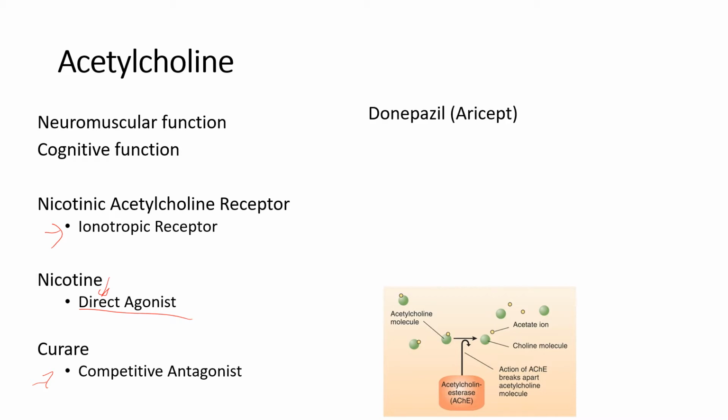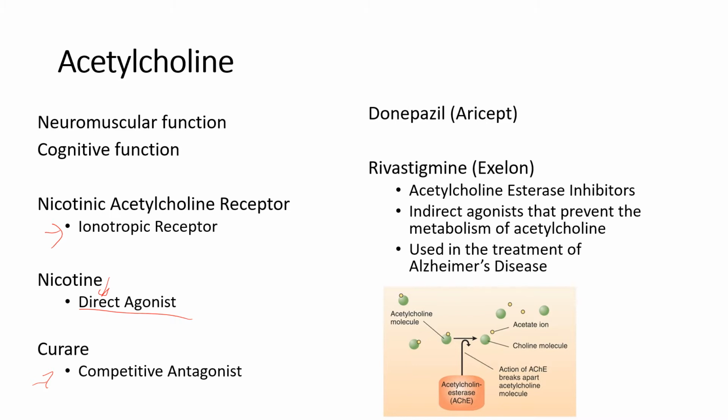And there's a couple others we've got here. We're not going to go into these too much, but basically these are different ones that sometimes are used to treat diseases, sometimes they actually create various different functions like nicotine does. This last one is actually used in treatment of Alzheimer's.